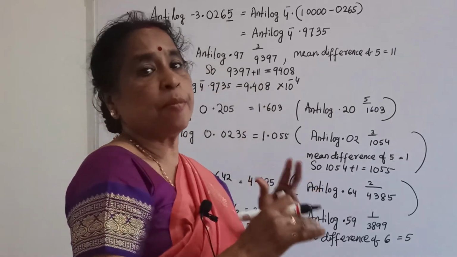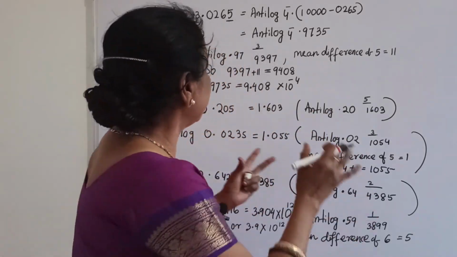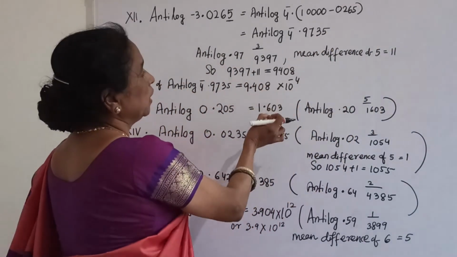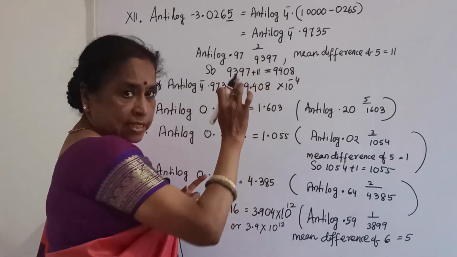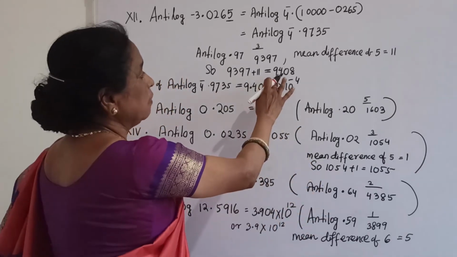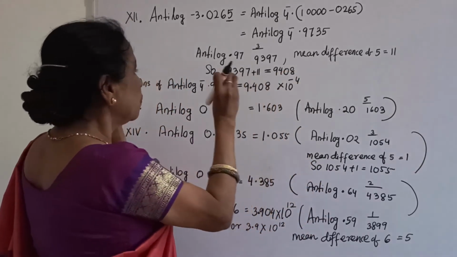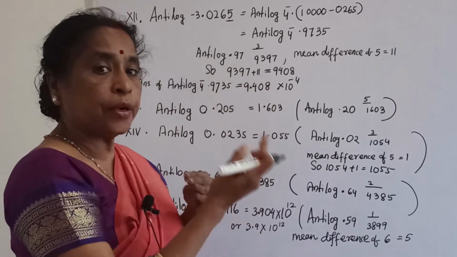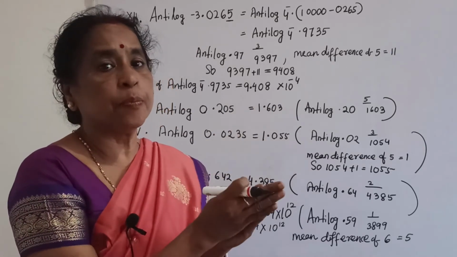You will check the mean difference of 5, and that value comes to 11. So what to do here? 9397 plus 11. What is the value now? 9408. I told you, after one digit you will put the decimal.